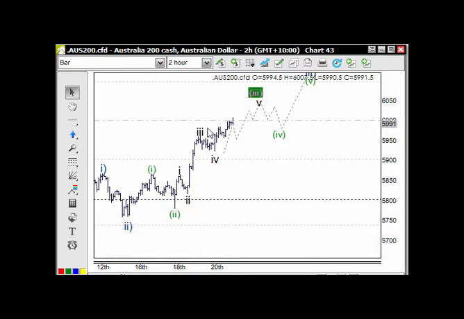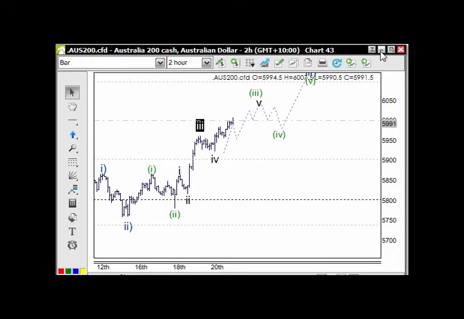Okay, and it's quite easy to count at this stage, because from wave 3 here, we've got 1 and 2, which is easy, nice strong 3rd wave, 4th wave, and then we're looking up for the 5th wave here. Now in this 5th wave here, there's going to be 5 waves as well. So we could see that this is wave 1 here and wave 2 here. So I think that we're still in like wave 3 here. There'll be a little 4 and a little 5 to move up through there.